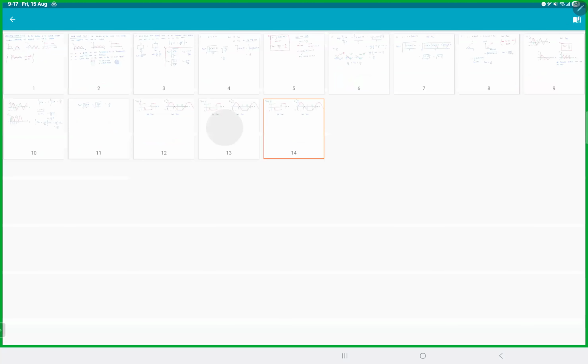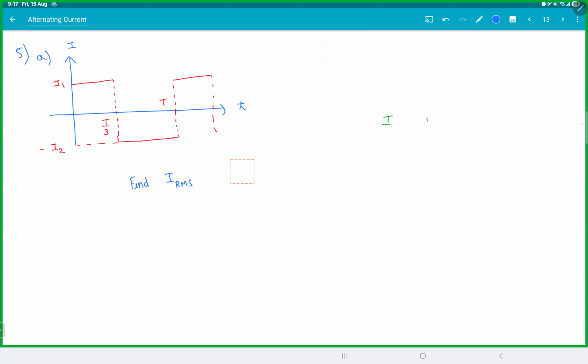instead of finding all the functions which we are doing, let's find the heat only. So let's say if you send this current through a resistor R, what is the heat produced? Now see, even though I1, I2 are changing, they're still constant for that given time interval. So this will be I1 square R for a time of T/3. This is the heat produced.